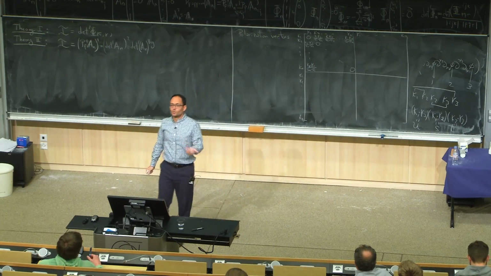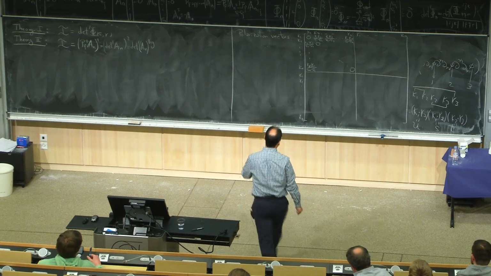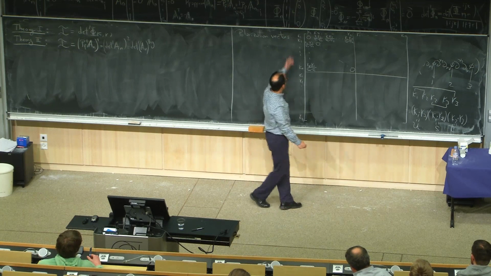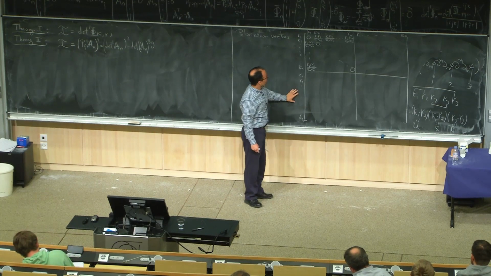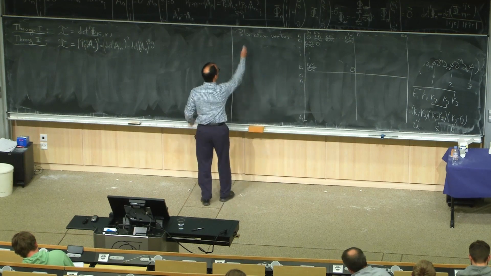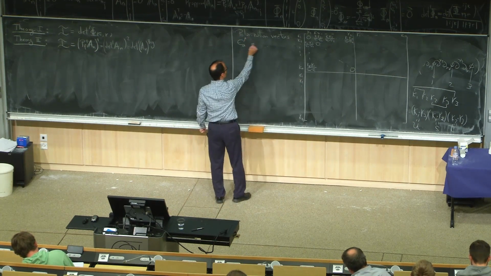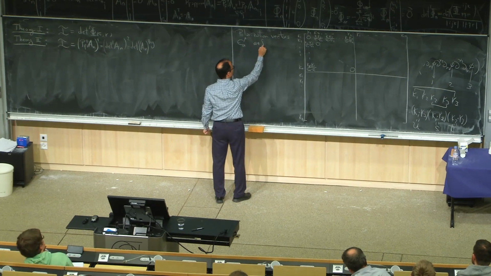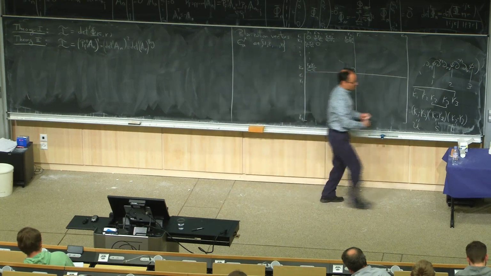Now I want to introduce polarization vectors. So what should I do to introduce polarization vectors? Well, you see that I'm repeating the information of the momentum here and here. So one possibility would be to replace the information of the momenta here by the information of the polarization vectors. So we have a collection of polarization vectors. So let me do it.